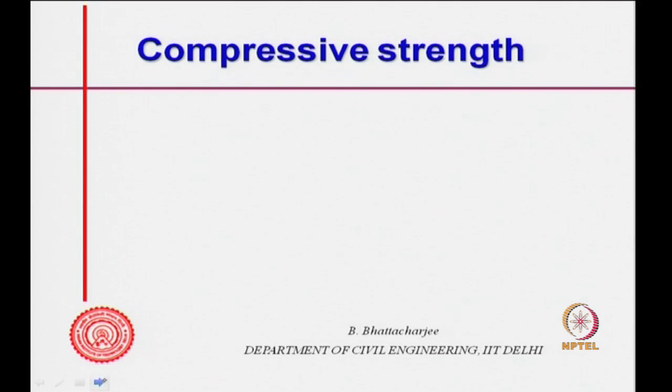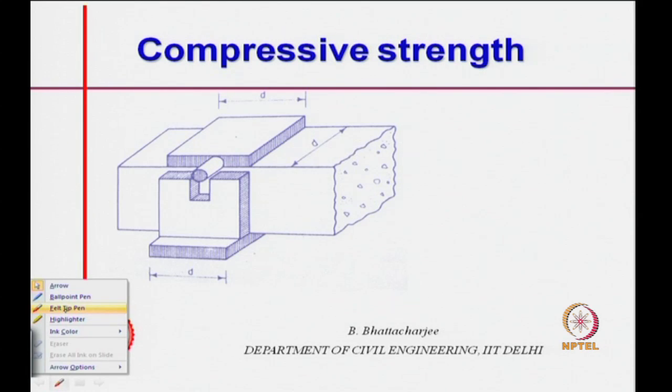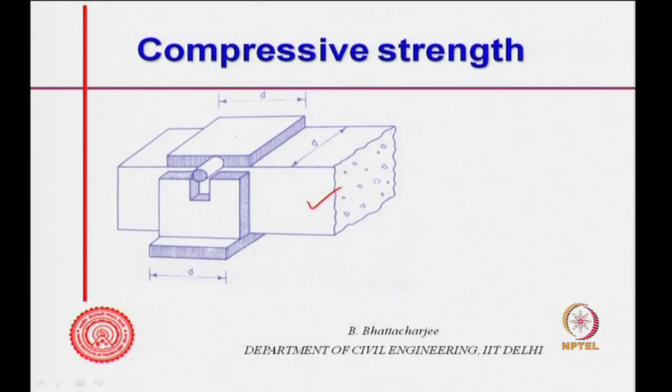That is how we test a cube, but we can test a part of a beam as well. For example, this is a whole beam, and this is part of a beam.